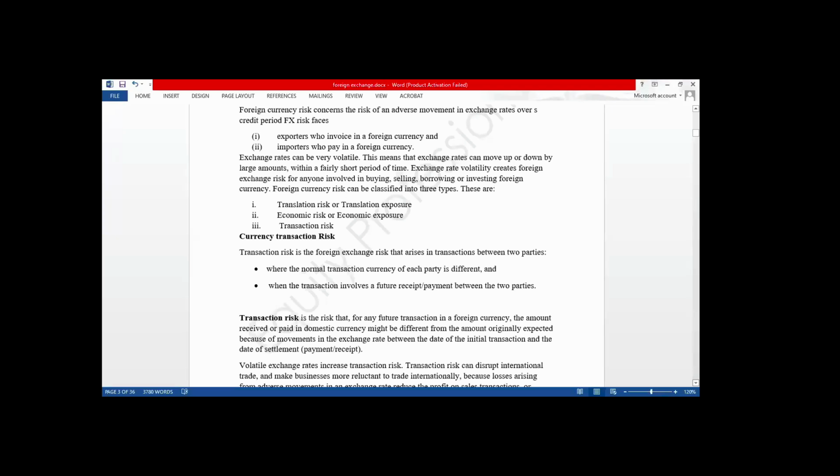Transaction risk is the risk arising from volatility in exchange rates as a result of differences in the timing between when a foreign transaction is consummated and when the actual settlement is done.